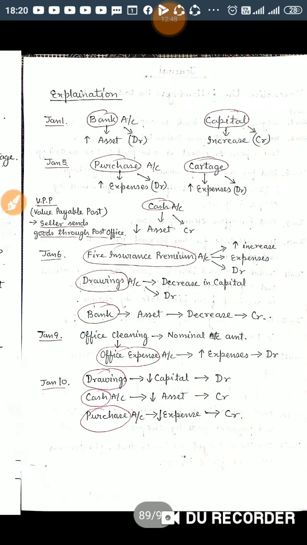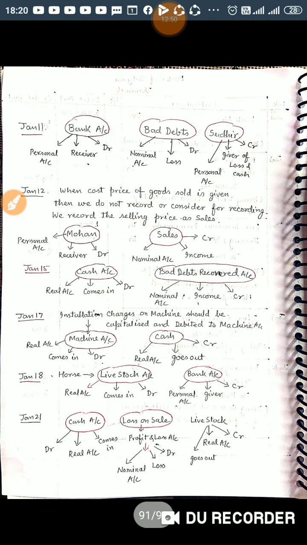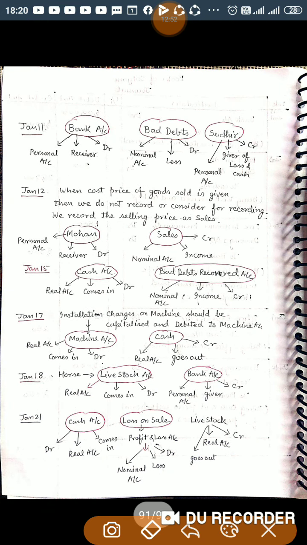So two accounts are involved: livestock, since a horse will be treated as livestock, and we are making payment through check, so the bank account is involved. Livestock is an asset, a real account, it's coming into the business, so it should be debited. At the same time, bank is a personal account, it is the giver of cash, so it should be credited.